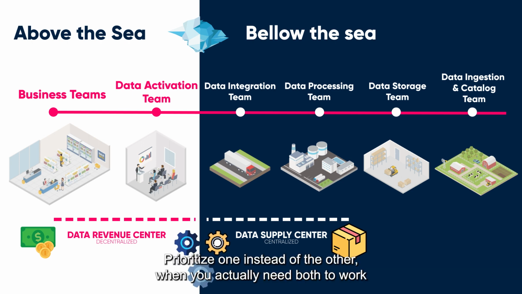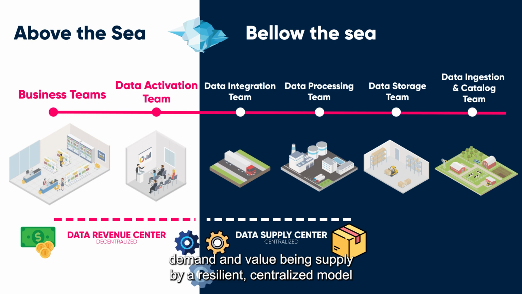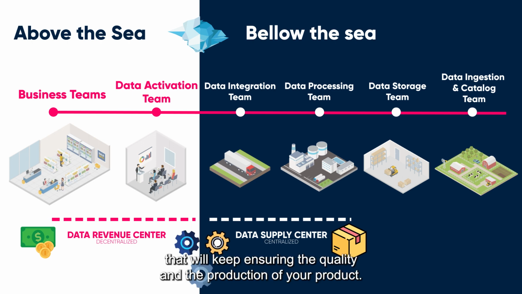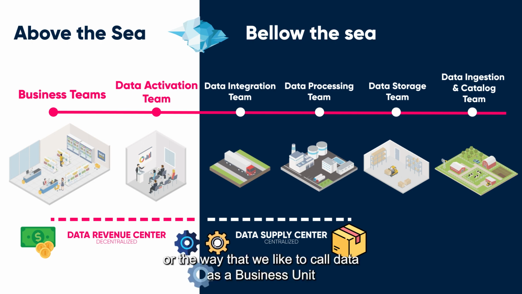They prioritize one over the other when you actually need both to work. A decentralized scalable model that will continuously generate demand and value, being supplied by a resilient centralized model that will keep ensuring the quality and the production of your products. In this example, the product is data, or the way that I like to call it, data as a business unit.